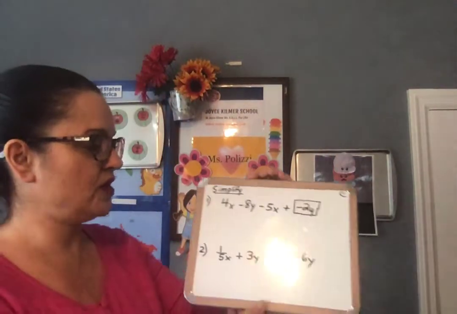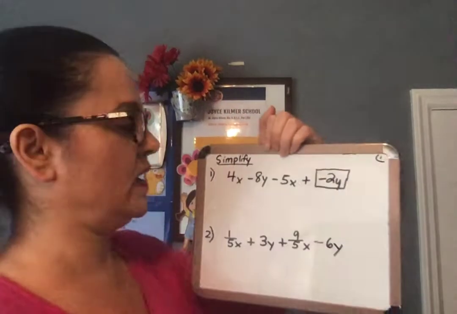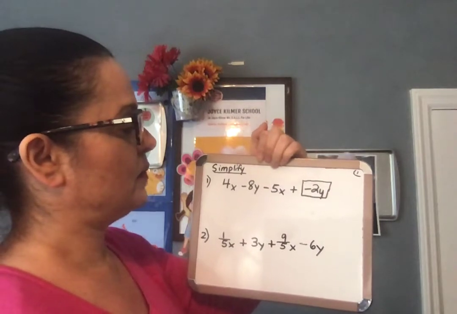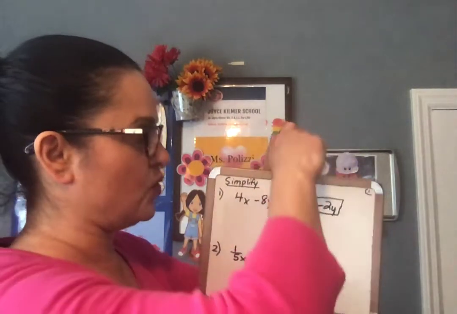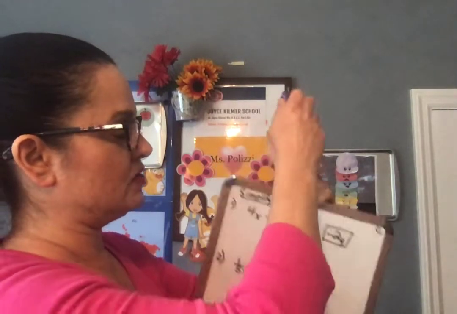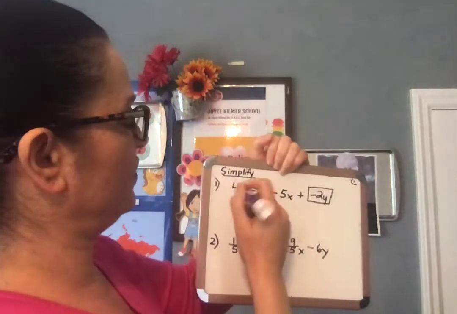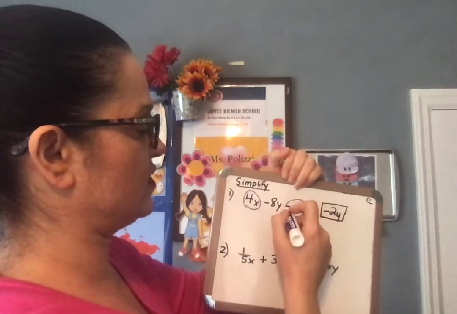So if you have an expression such as 4x take away 8y, take away 5x plus negative 2y, the first thing that we want to do is combine our like terms. So we have a 4x and we have a minus 5x.